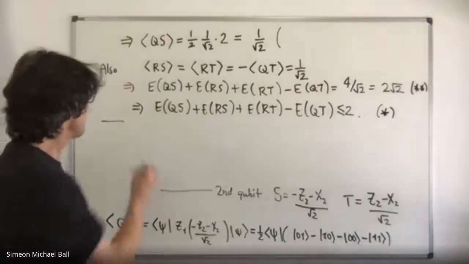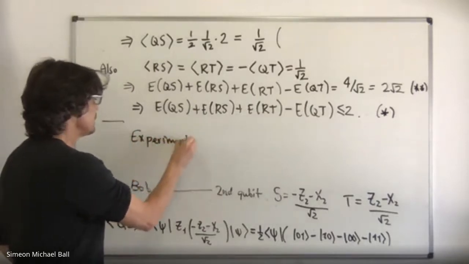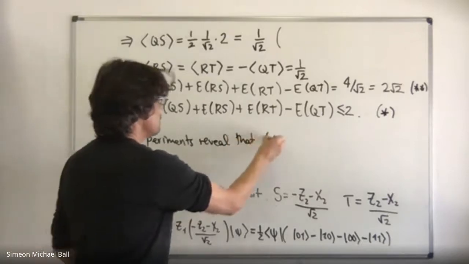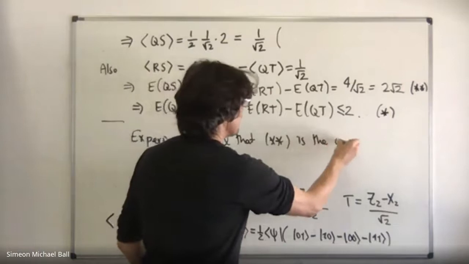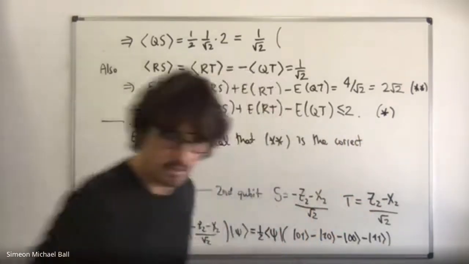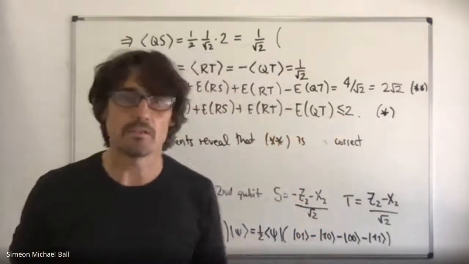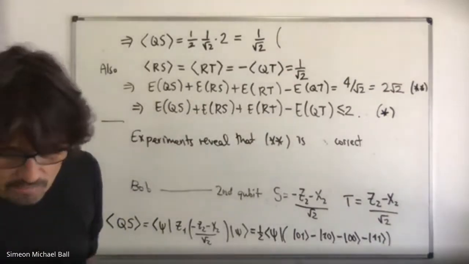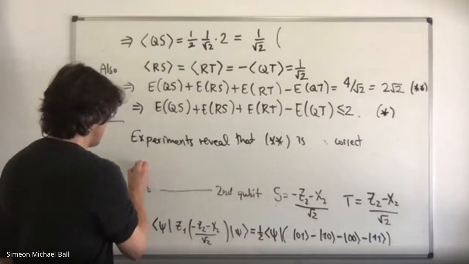Experiments reveal that double star is correct. So you can get better than this expectation of 2.